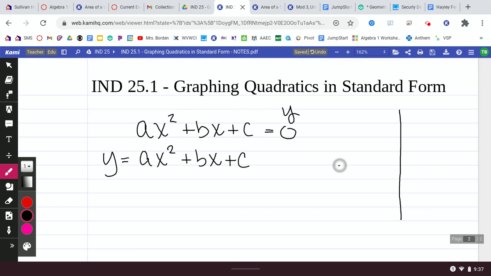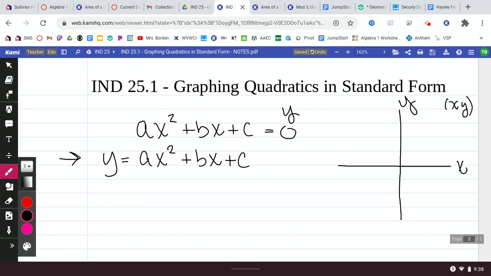Well, a quadratic makes a U shape. So on a coordinate plane, we have an x and a y axis, and that's why we have x's and y's in our equation here, right? Those x's and y's stand for all the xy coordinates, the points that plot along this graph.